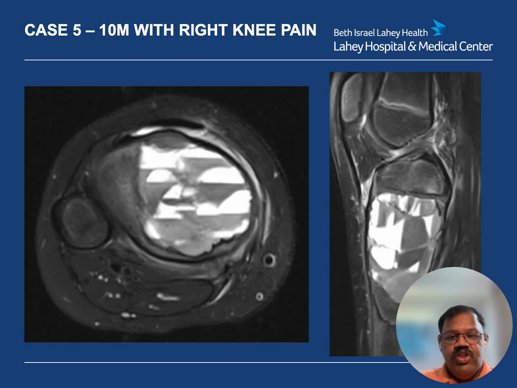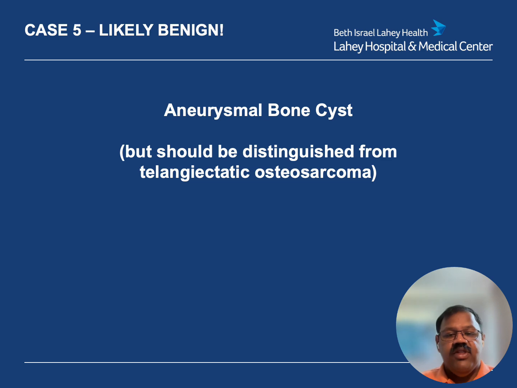Well, let me give you some additional imaging. You can see on an MRI scan both axial and sagittal views. What is immediately apparent are these fluid levels, where you have areas of hyperintense signal on these fluid sensitive sequences and areas of more hypointense signal almost layered out. This is pathognomonic and characteristic for something called an aneurysmal bone cyst.